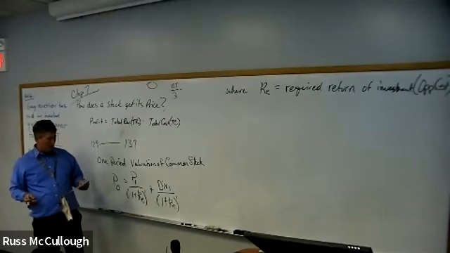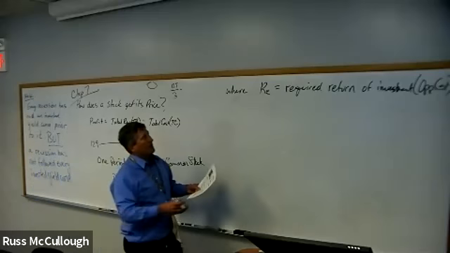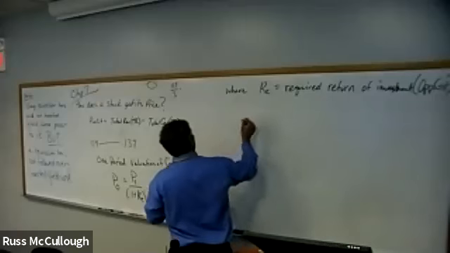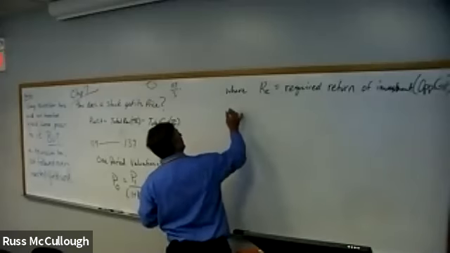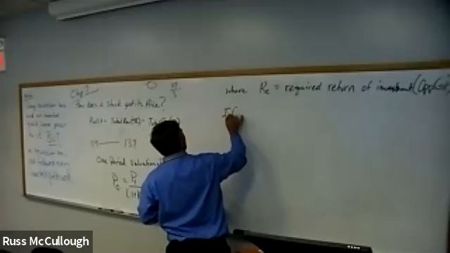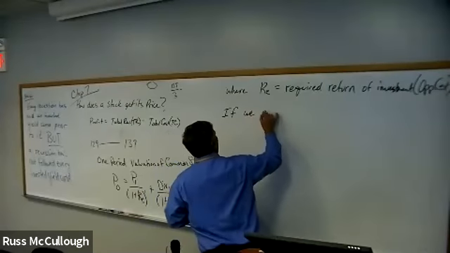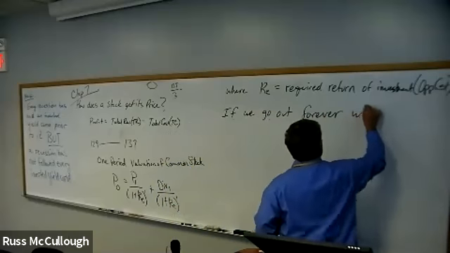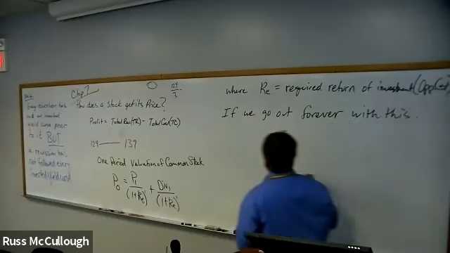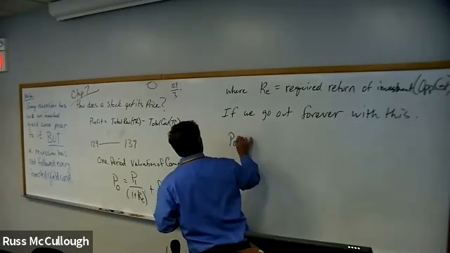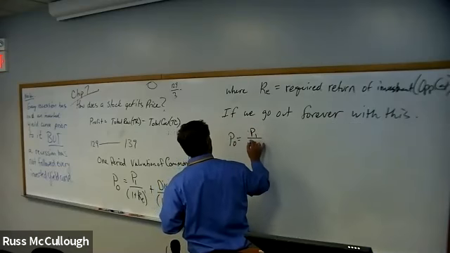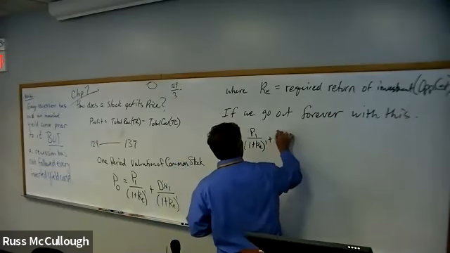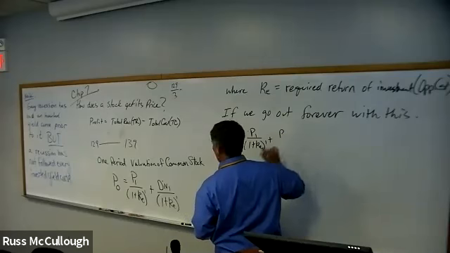Okay, so if we generalize this model, then we get to our generalized model. If we go out forever with this, we get today's price discounted, tomorrow's price 1 plus KE raised to the 1 power plus P, oops, I'm doing the wrong thing.